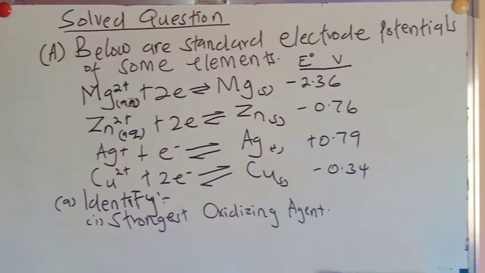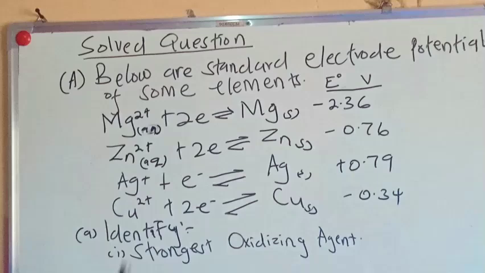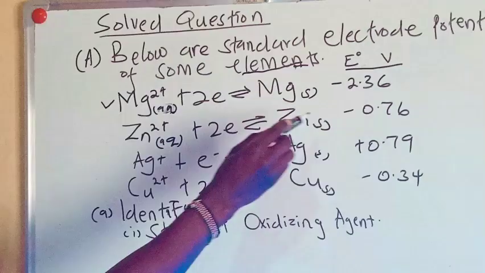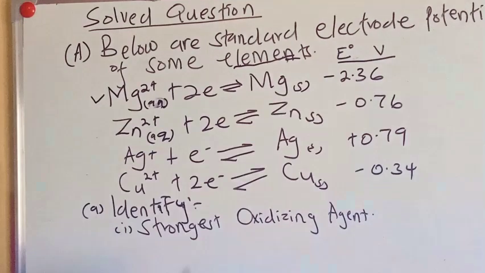So the question states, below are standard electrode potentials of some elements, and these elements have been given by their real names. Element number 1 is magnesium. Magnesium has the E naught value of negative 2.36.